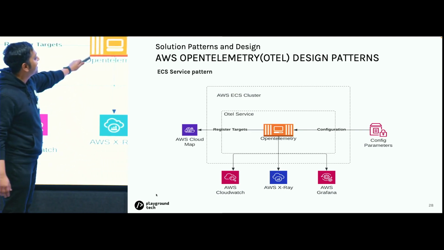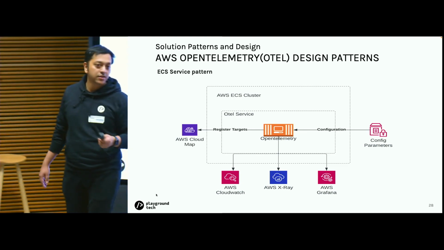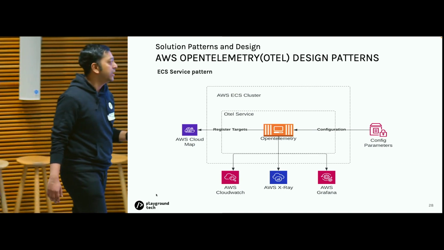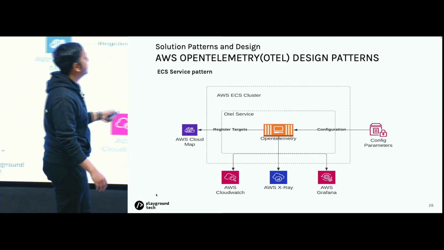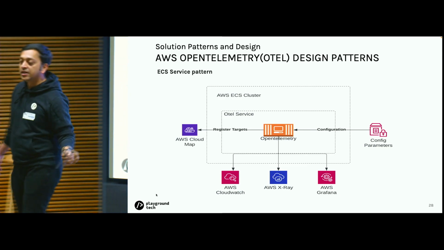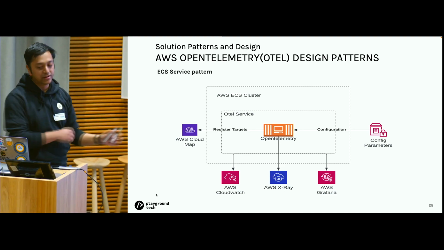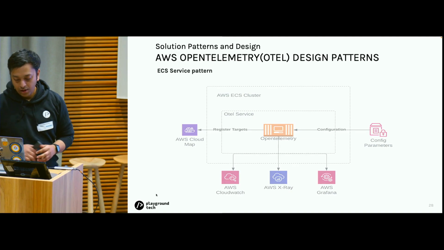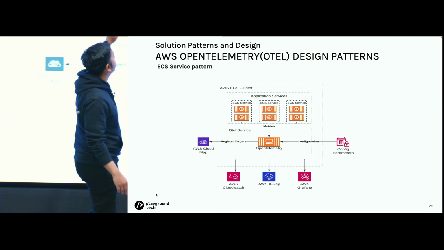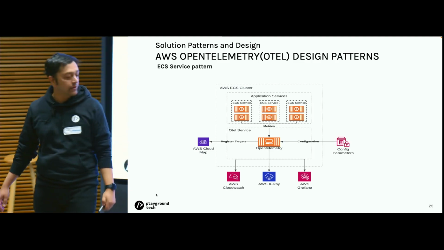It can scale up, it can restart anytime, and the private IP gets changed. But with Cloud Map, you don't have to make note of the private IP. It gets attached to the Cloud Map by default, and you have a logical name that is injected inside all the containers. Finally, these containers again become agnostic of all the telemetry frameworks.